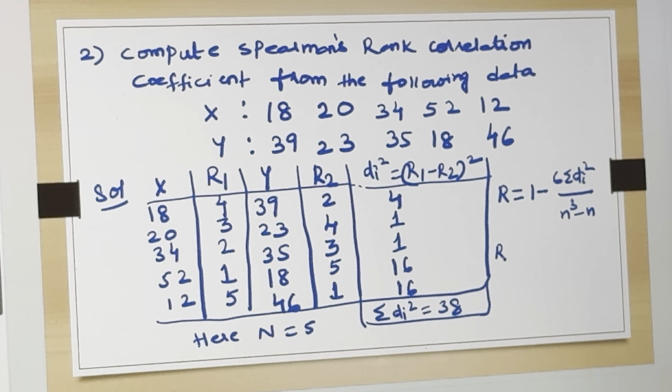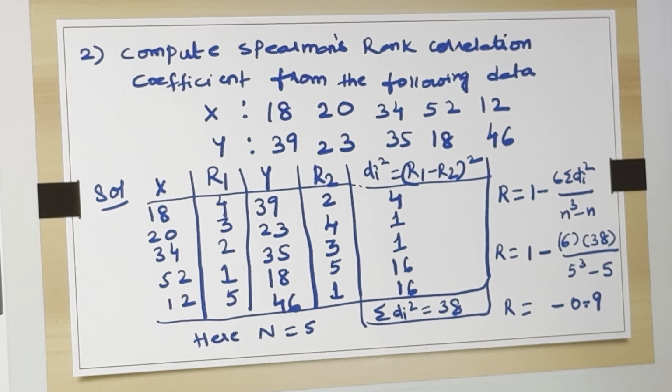Okay, so R can be calculated as 1 minus 6 into, what is summation di square? 38 upon, what is the value of n? N is nothing but 5, so it will become 5 cube minus 5. Okay, after simplifying, you will be getting the value as minus 0.9.